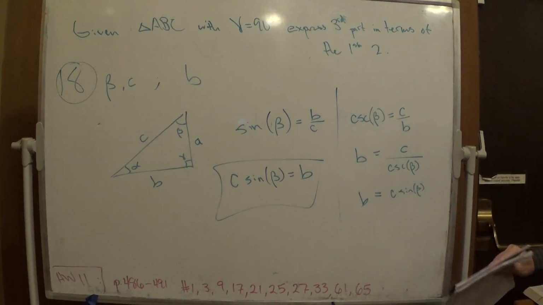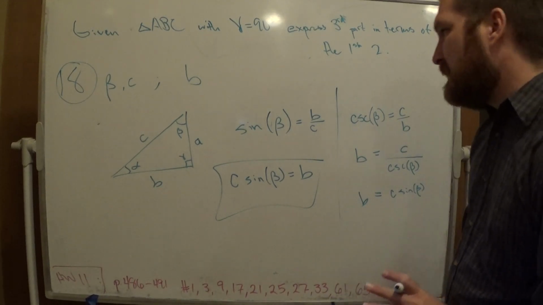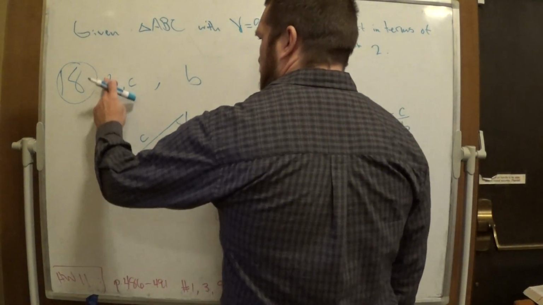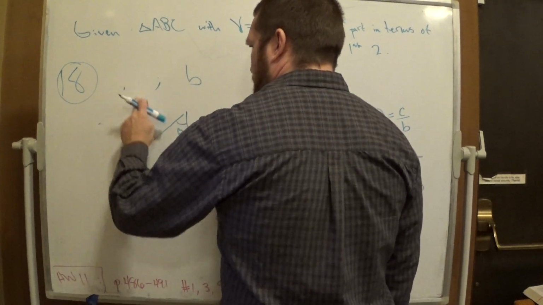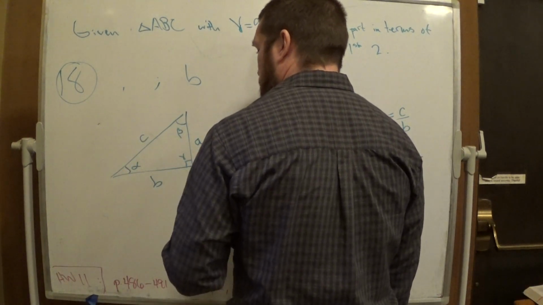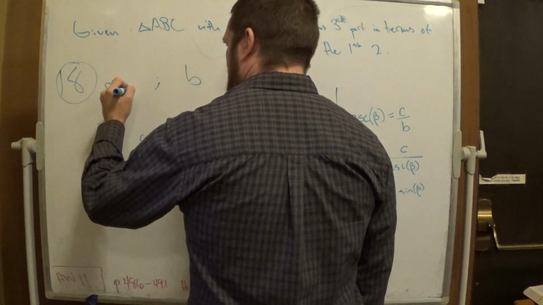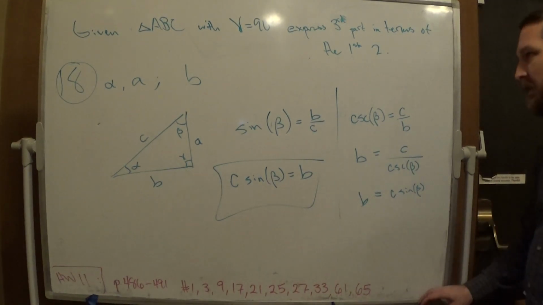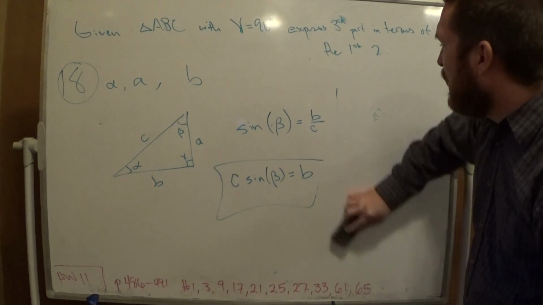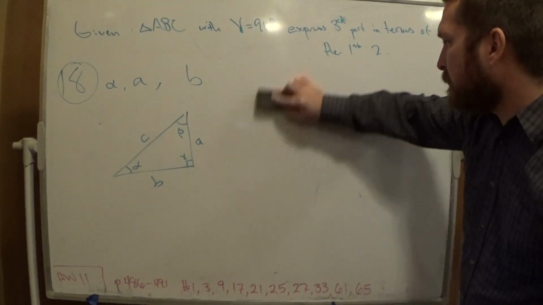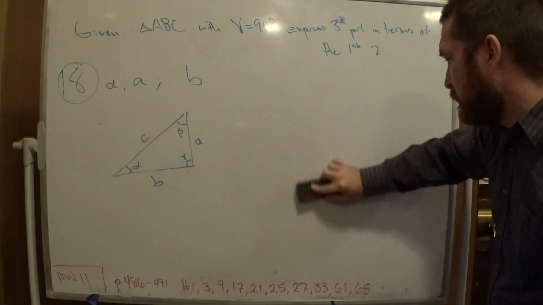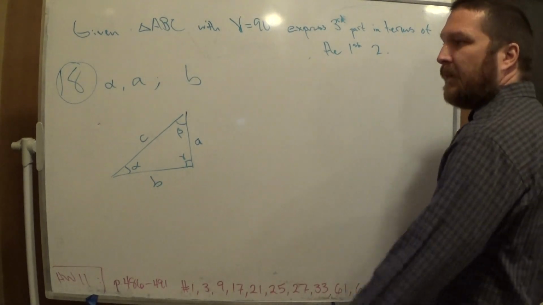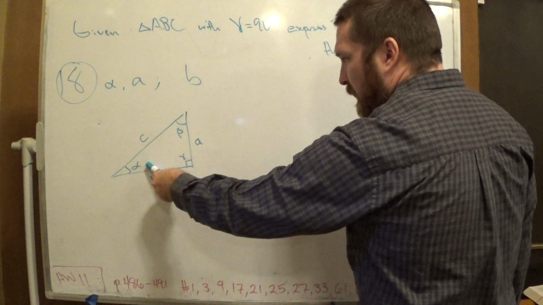Now, another thing we could do. Let's modify this a little bit. Let's say that we want to express B in terms of alpha and A. Well, tangent of alpha equals A over B. That's exactly what I'm thinking, because all I'm doing here is saying, okay, we have an angle, and those are the two sides.